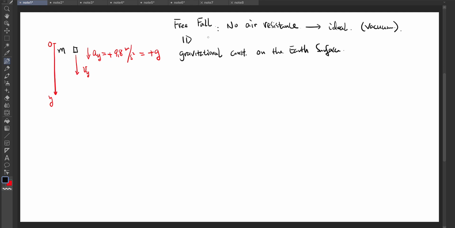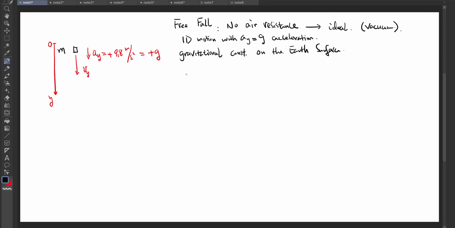So first, there is a 1D motion with acceleration whose magnitude equals g. Now think about the kinematic equations that we can apply here.